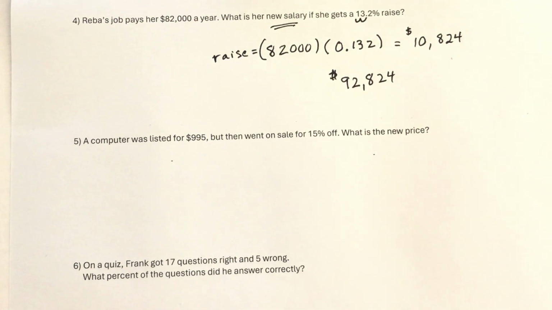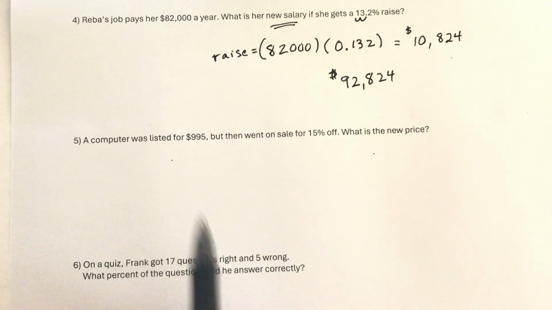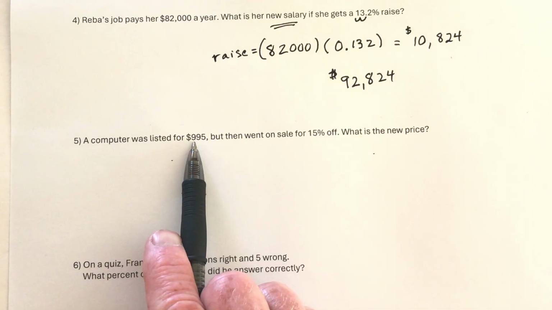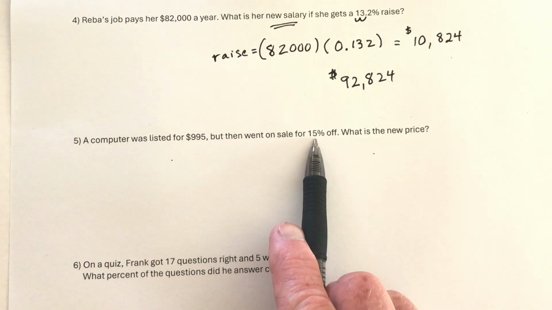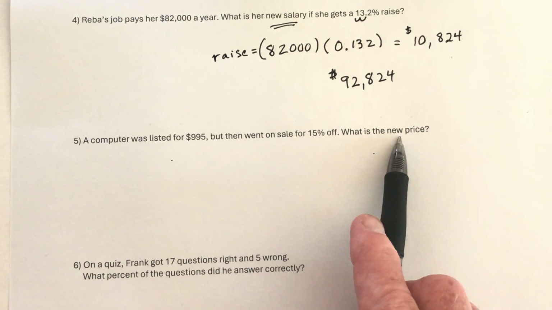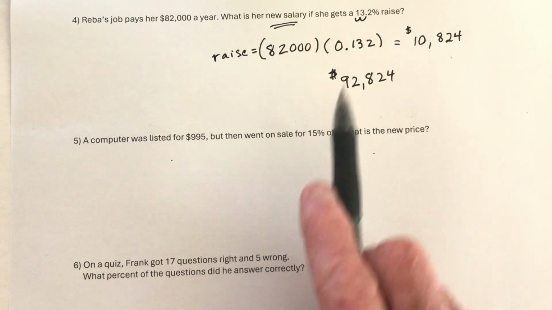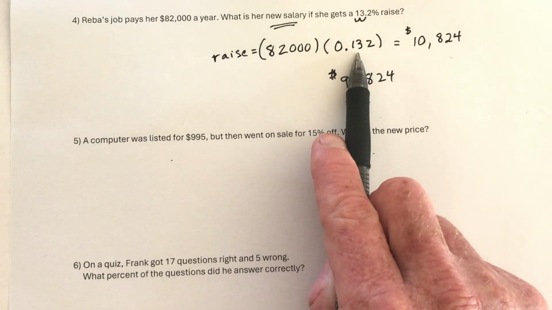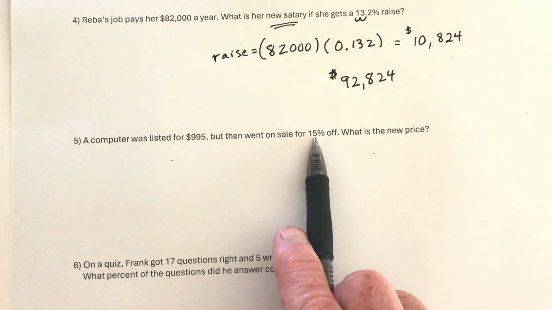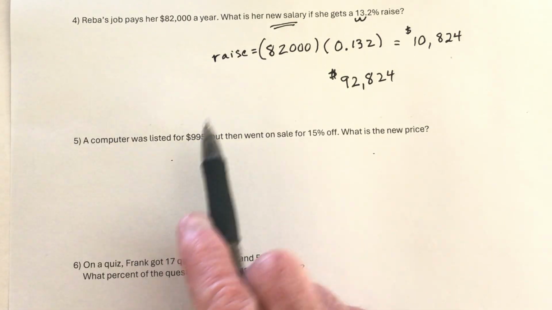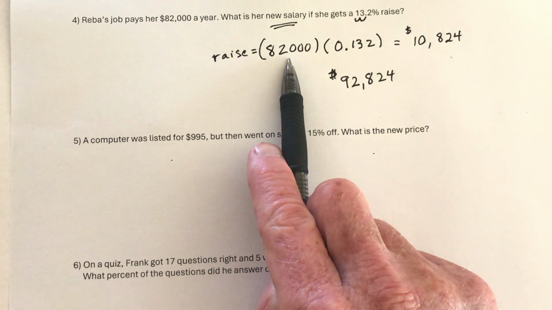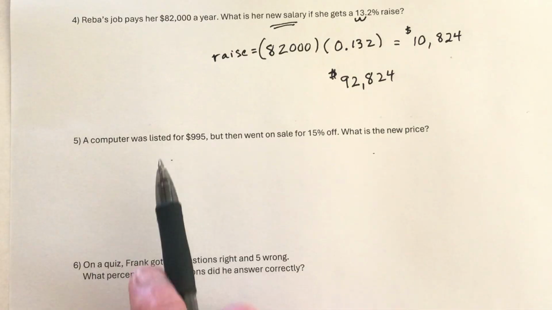All right, then to number 5. This computer was listed at $995, but then it was 15% off. So what's the new price? I basically could do it like this, except with the number 0.15 for the 15% and $995 going in here, and then I would subtract that off.